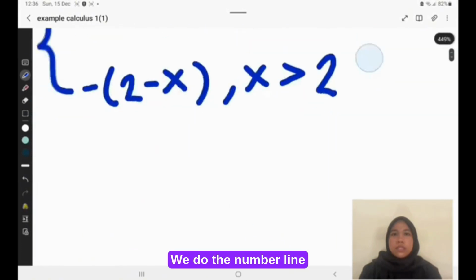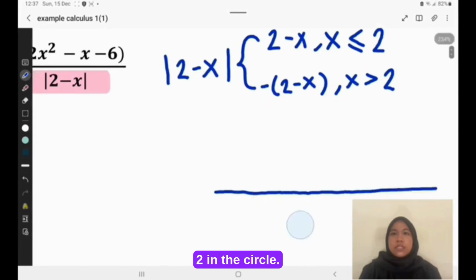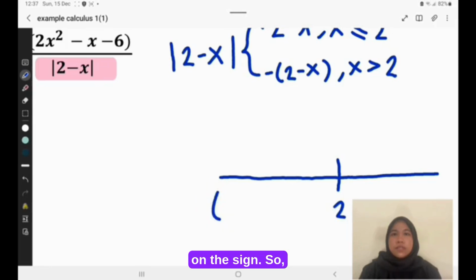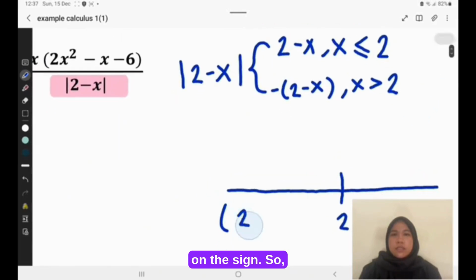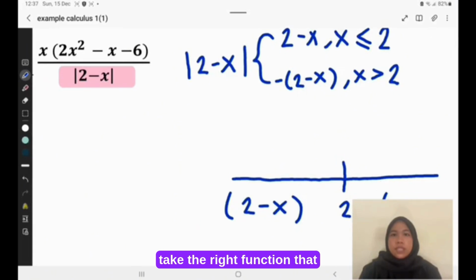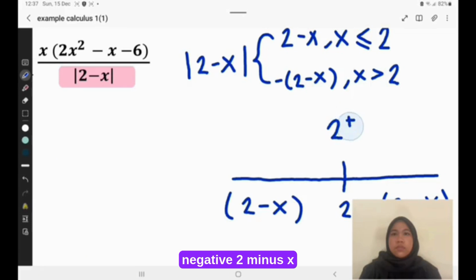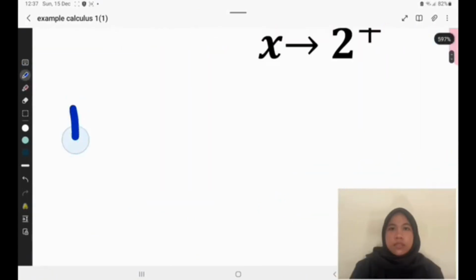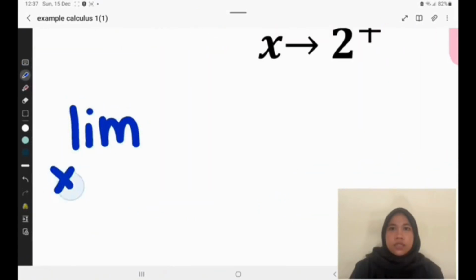We do the number line with 2 in the center and we write the function based on the sign. So as we can see, we will take the right function, which is negative of 2 minus x. Write the new limit like this.